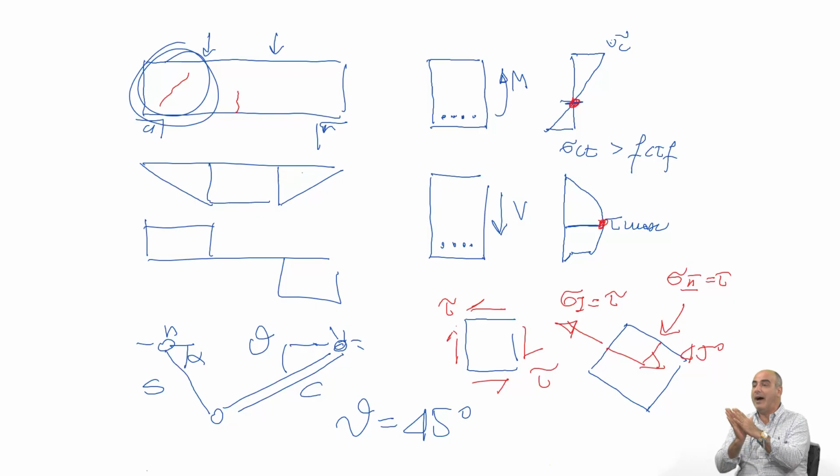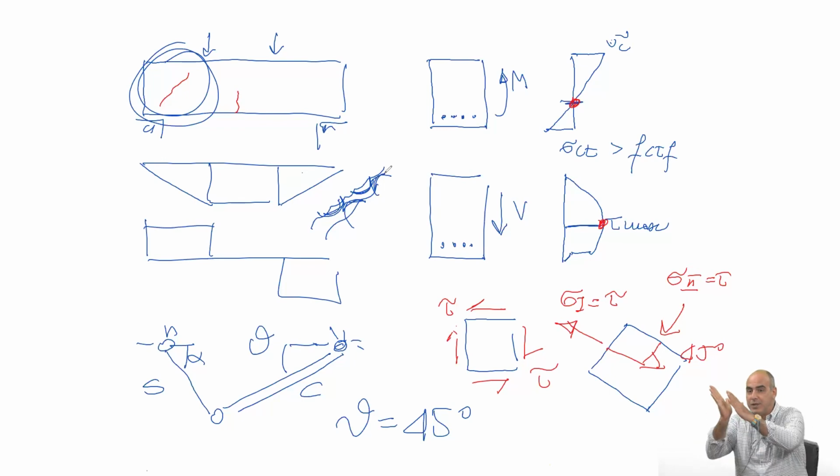Cracks in concrete are rough. So there is a mechanism which we call the aggregate interlock. Imagine that this is a crack and there are the aggregates which come out through the crack, and on the other face there are aggregates like this. So the crack goes through the aggregates.